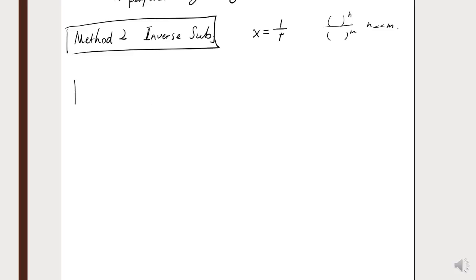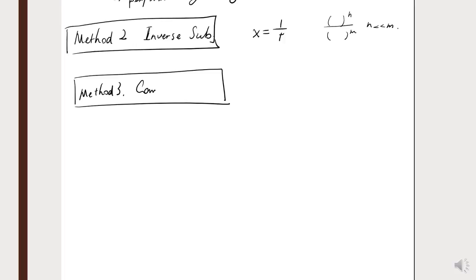Okay, the next method we're going to talk about is called the complex substitution. As you can see, in the integration your formula is very complex, and for certain parts it is so hard to integrate directly.